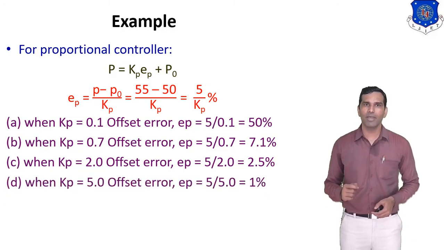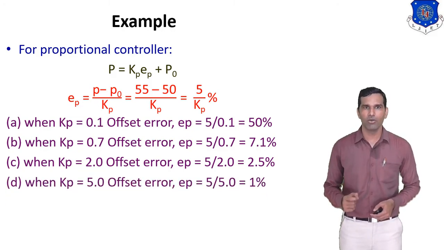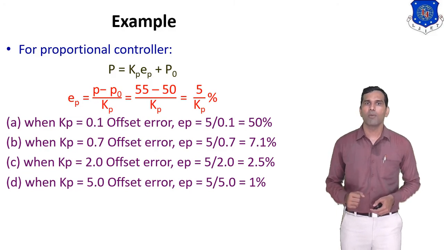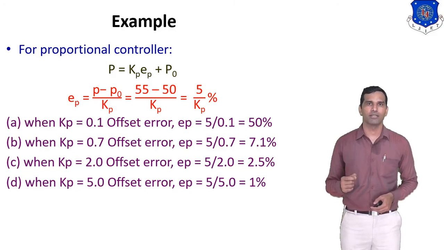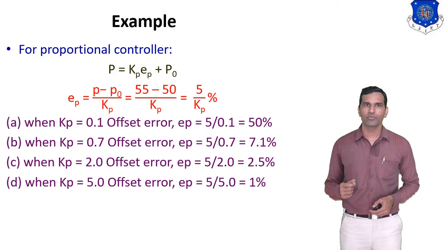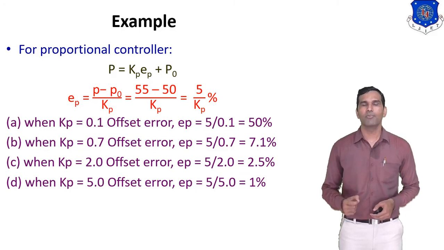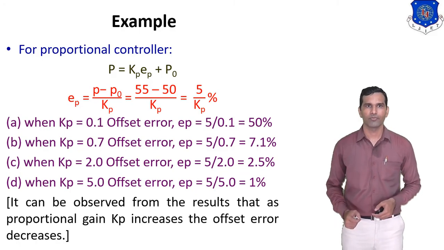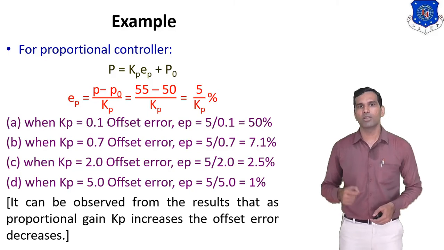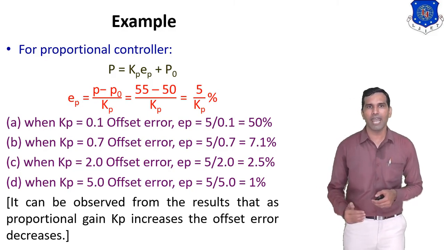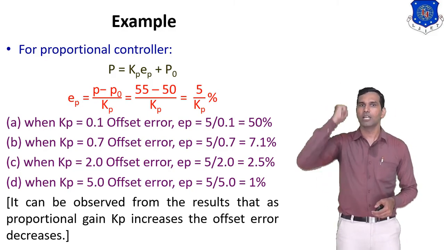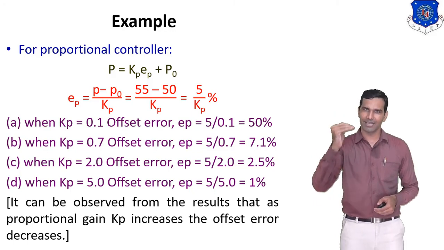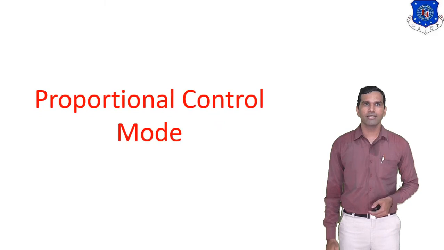Same as when Kp is equal to 5, at that time the offset error becomes 1%. So this is the result for the different values of Kp. It can be observed from the result that as the proportional gain Kp increases, the offset error decreases. You can observe.